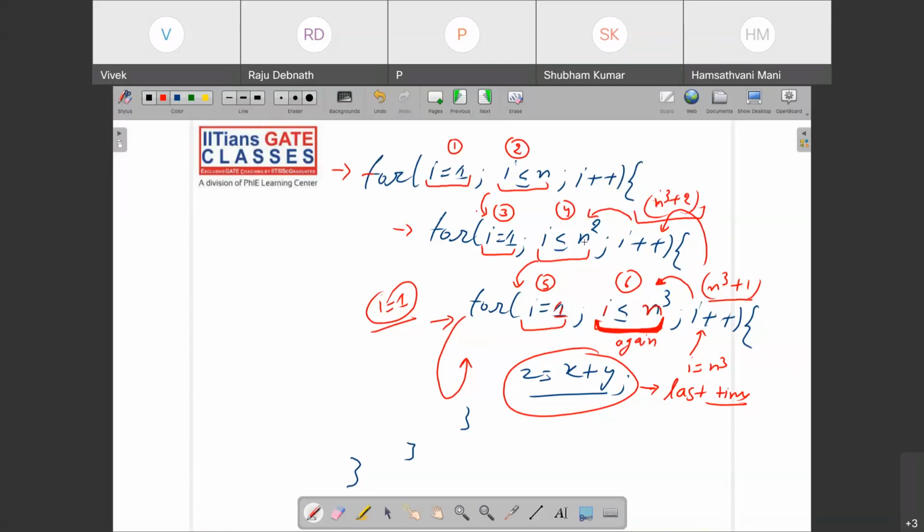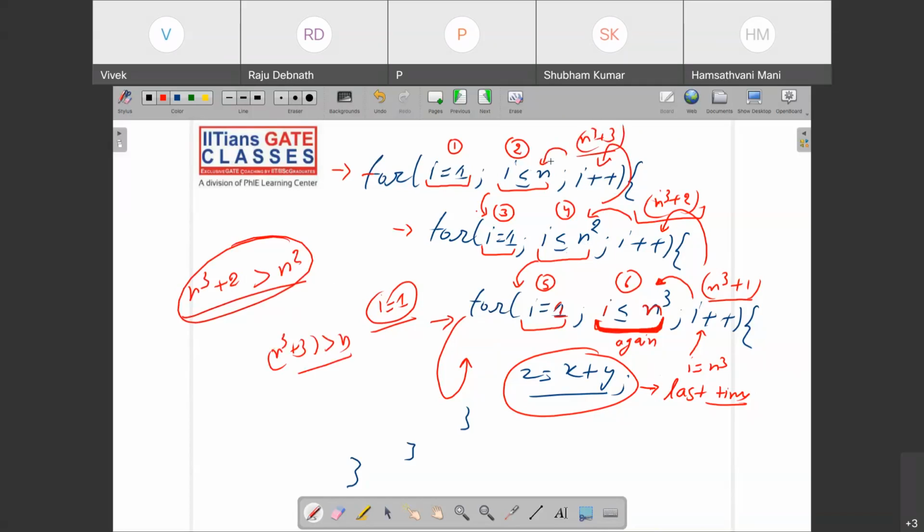Is it less than or equal to n square? No, n cube plus 2 is greater than n square. So this is not satisfied. It will go back here and increase the value of I. It will be n cube plus 3. And n cube plus 3 is greater than n.